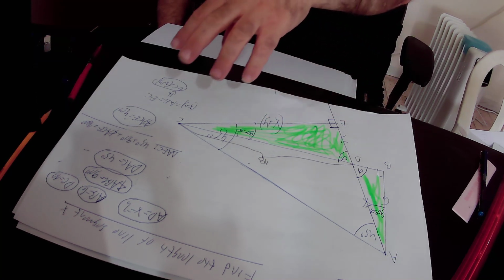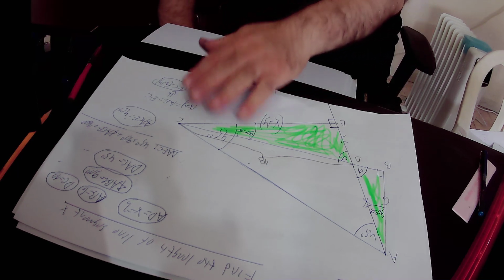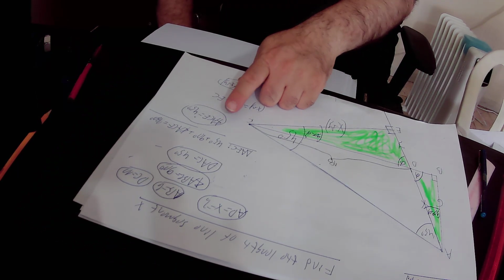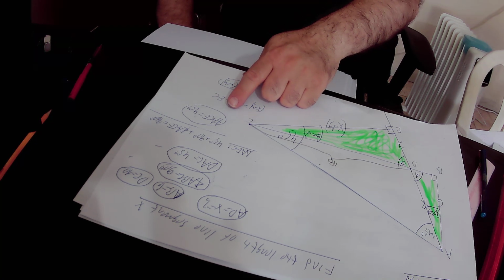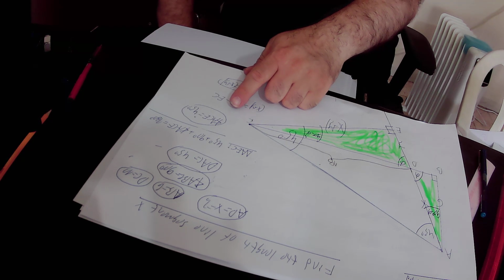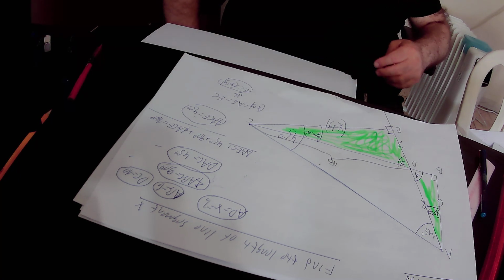In total, the sum of those angles must be equal to 180 degrees. Okay, 45 degrees plus 90 degrees plus angle ACE must be equal to 180 degrees. We subtracted 135 degrees from this equation and found out that the missing angle, angle ACE, equals 180 degrees minus 135 degrees, it is 45 degrees.